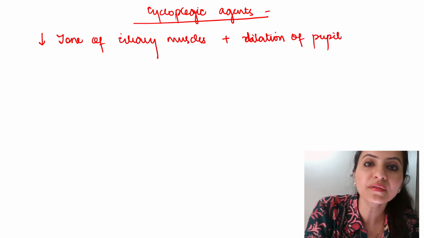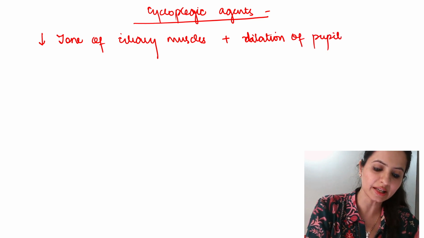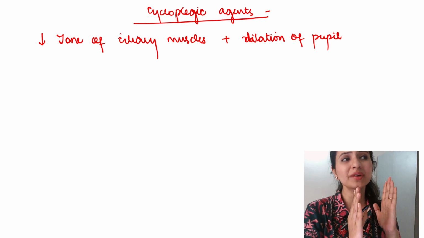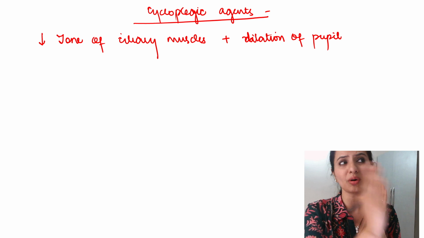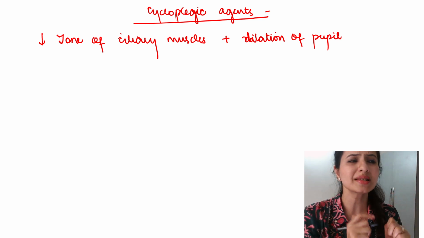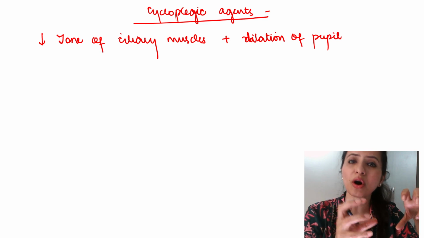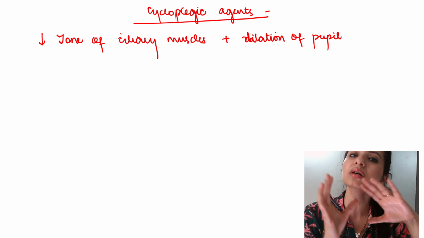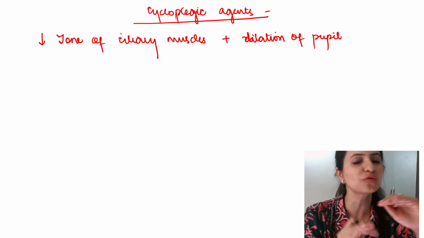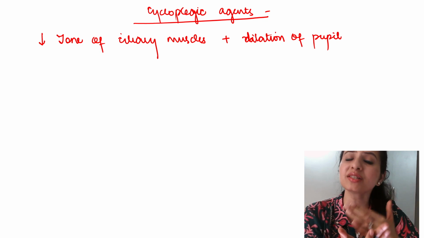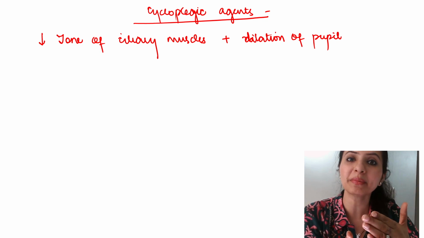Now, why do we have to decrease the tone of ciliary muscles? See, in children, when we ask them to look onto the Snellen's chart, sometimes they try to accommodate. Okay, so this accommodation will induce myopia and will give us false results. And this high accommodation even suppresses your latent hypermetropia.